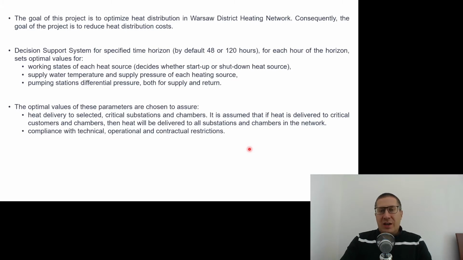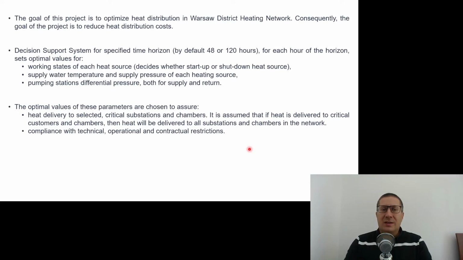So let's check what was the goal of the part of the system that is called decision support module. And this decision support module is here to help dispatchers run the network.